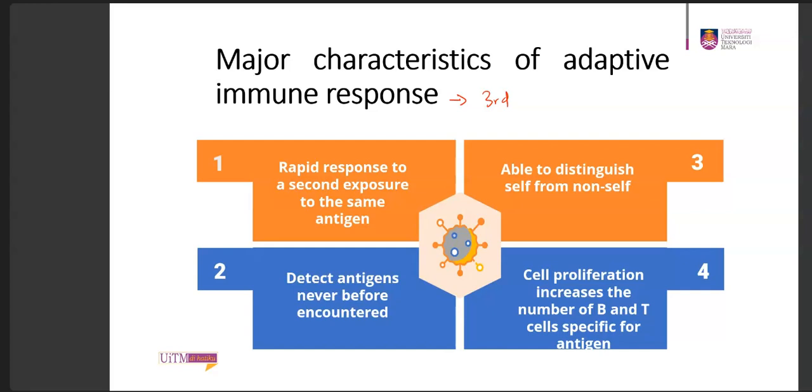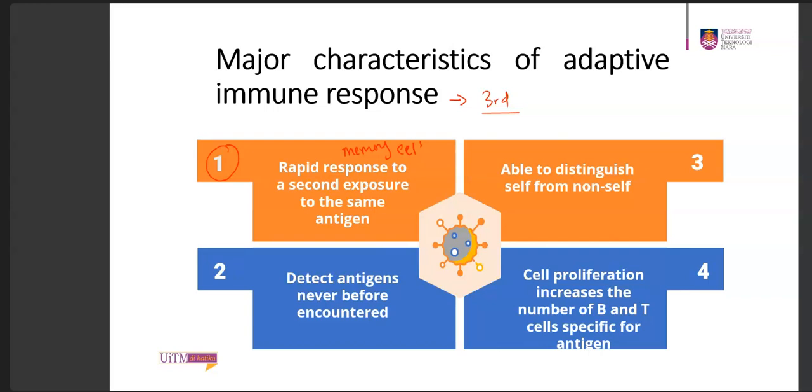So for the first characteristic, the response is rapid to a second exposure to the same pathogen. Because the adaptive immune response protects your body against a specific pathogen, in the process your body will produce memory cells. These memory cells have a long lifespan and will protect your body against the same pathogen later in your life.